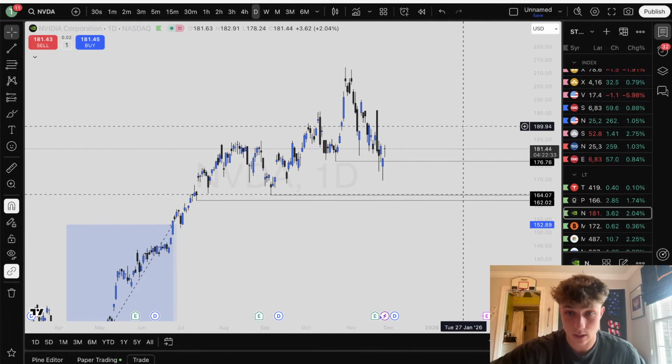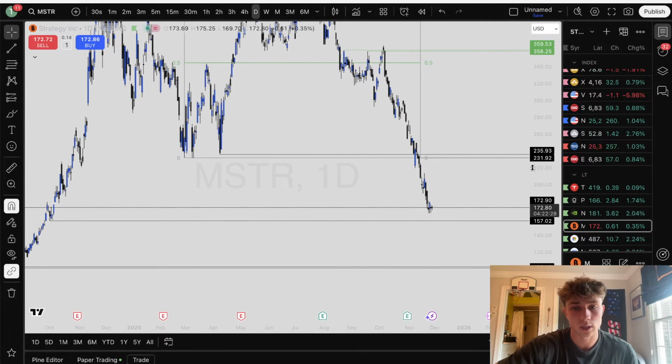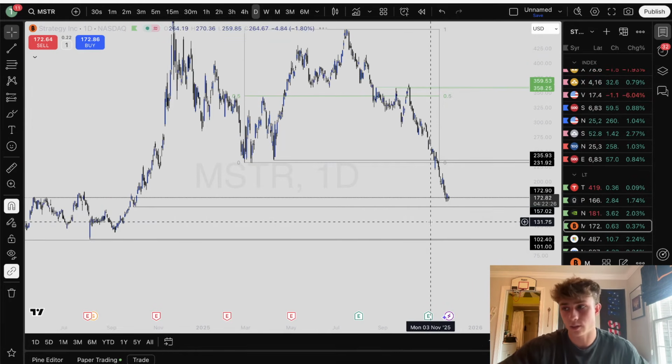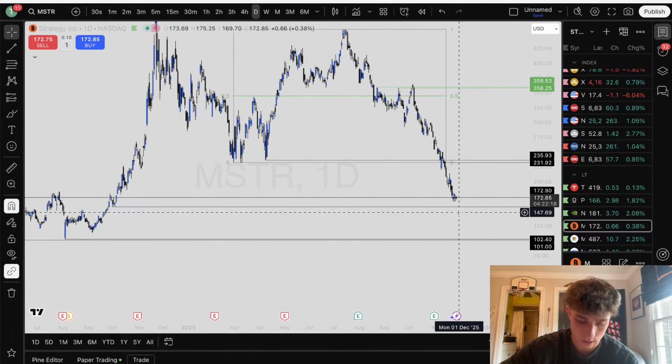Let's see what's next. MicroStrategy. Man, this sucks. MicroStrategy sucks. I can't dollar cost average here because I'm overexposed. Well, no, I have around $4,300. It's just so rough. I'm not overexposed, I guess.